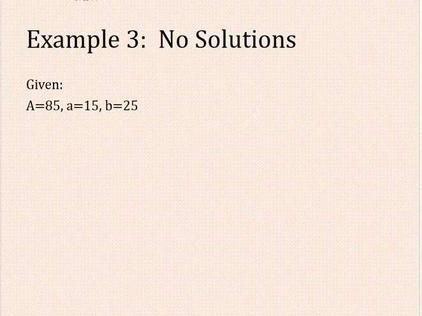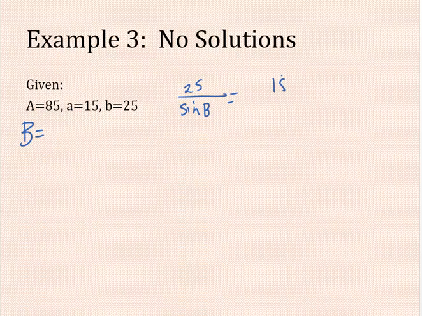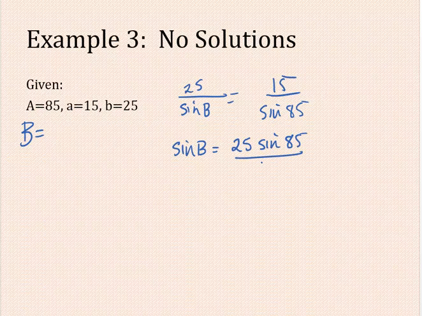I'm giving away all the marbles here, but let's just work it out so you can see how this is going to go. You're going to start just like you would, looking for big B. So little b over the sine of big B equals little a over the sine of big A. So I'm going to crank it out: 25 sine of 85 divided by 15.